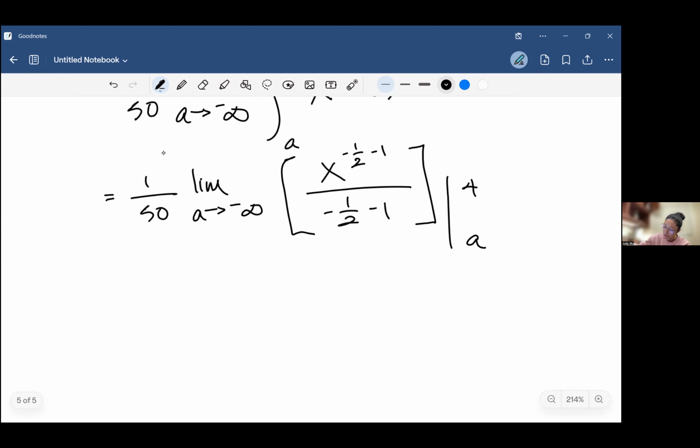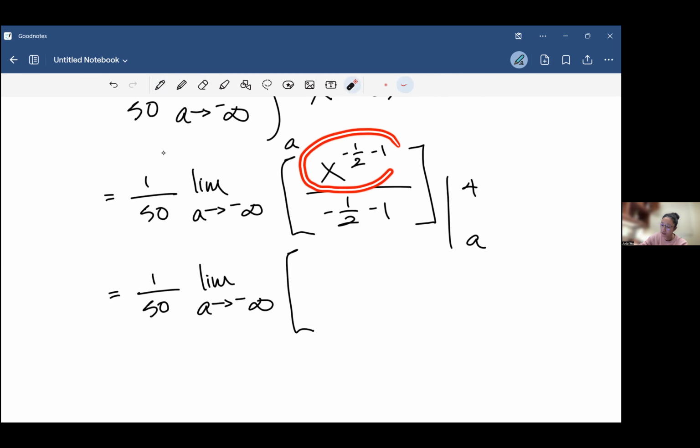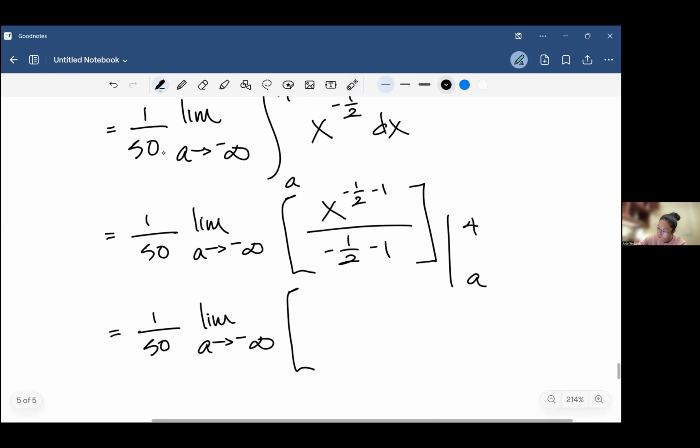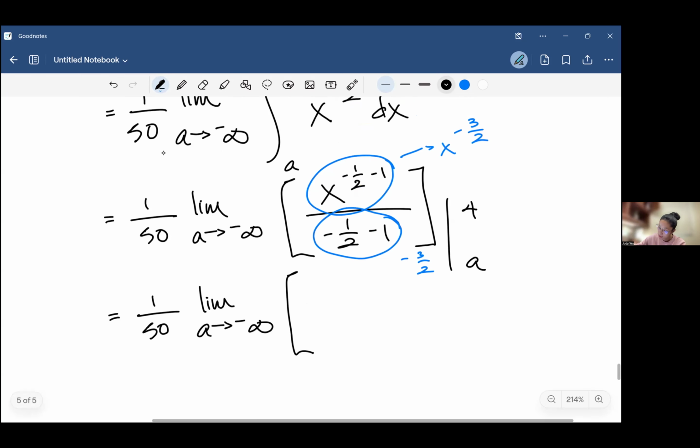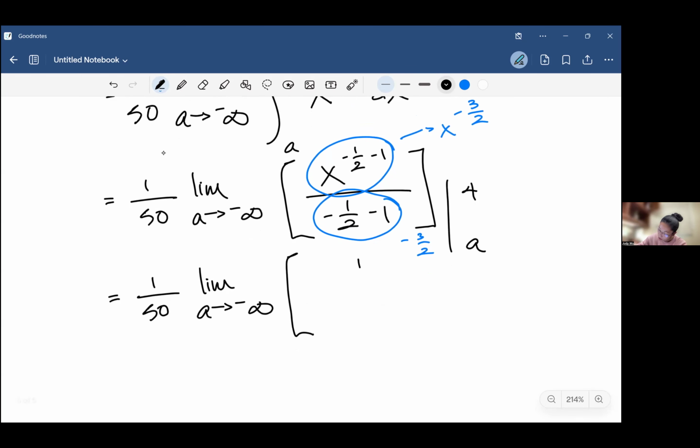All right, let's definitely clean this up before we plug in our values. 1 over 50 times the limit of a approaching negative infinity of, okay, this is x to the negative 3/2. Okay, and this on the bottom is negative 3/2. So I end up with 1 over x to the 3/2.